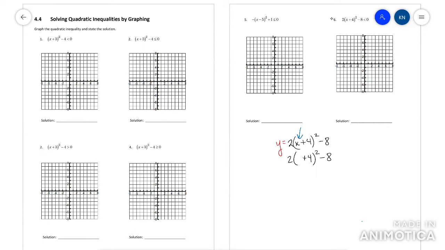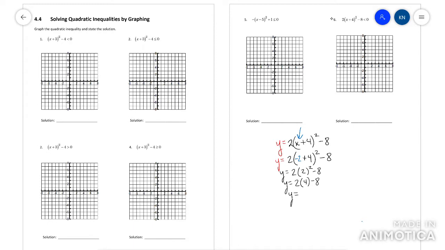For example, I could plug in the x value -2. If I did that, I would get -2 plus 4, which is 2. Let me just write it out real quick. This becomes 2 squared minus 8. Do the squared, so 2 squared is 4.